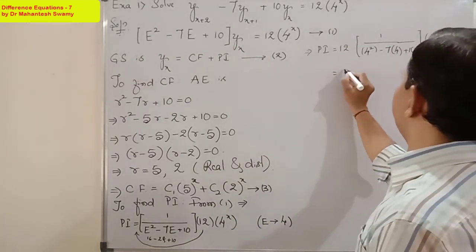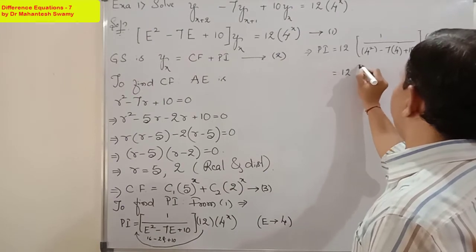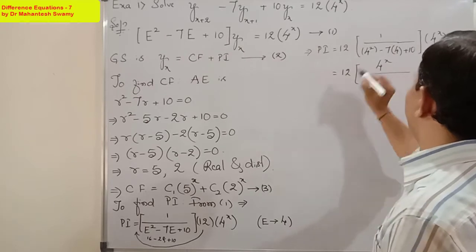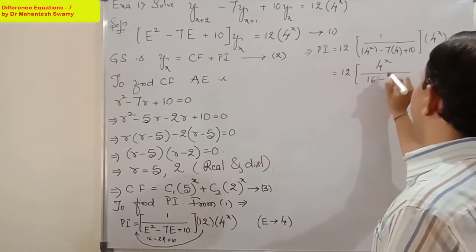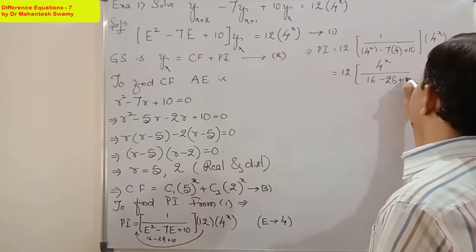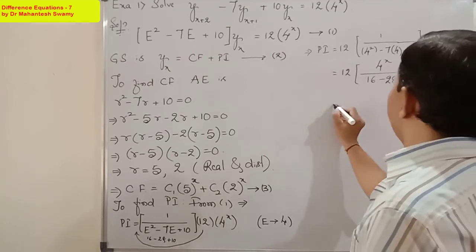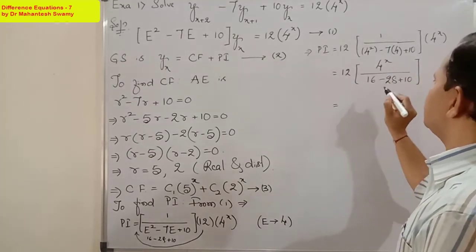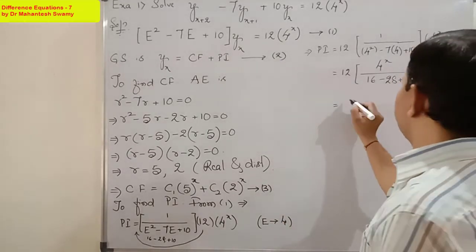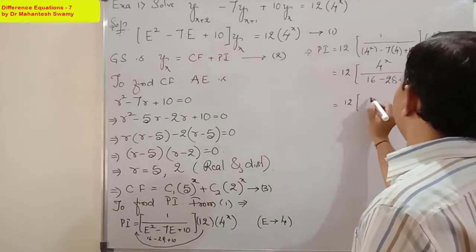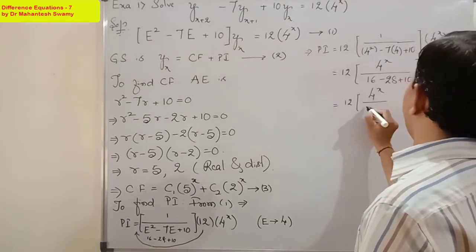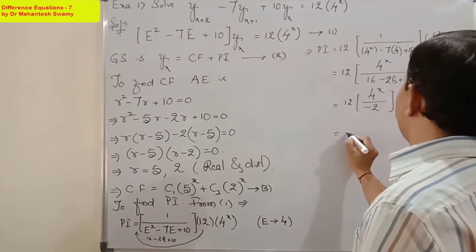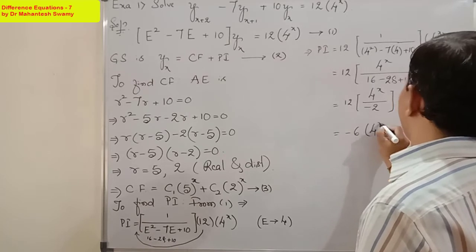On simplification, 12 stays outside the bracket, and 4 to the power x is in the numerator, divided by 16 minus 28 plus 10, which is minus 2. Therefore, it is 12 into 4 to the power x divided by minus 2, and 2 sixes are 12, so it is minus 6 into 4 to the power x.